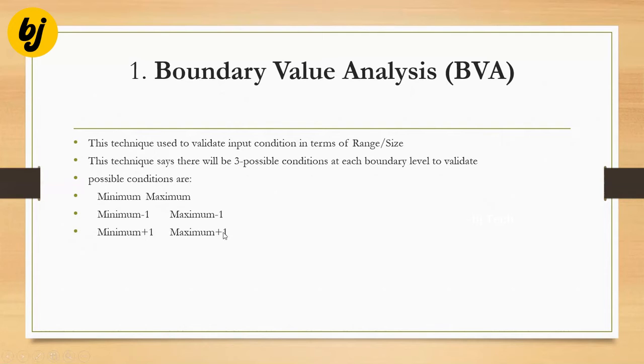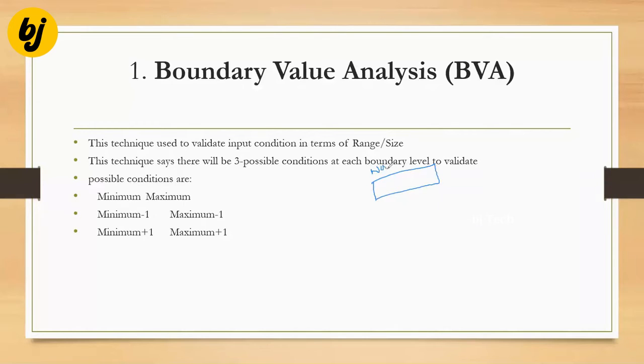Why only these values? Because in general, developers may make mistakes in and around the boundary conditions. Suppose I have a name edit box. This name edit box should allow 4 to 16 characters.